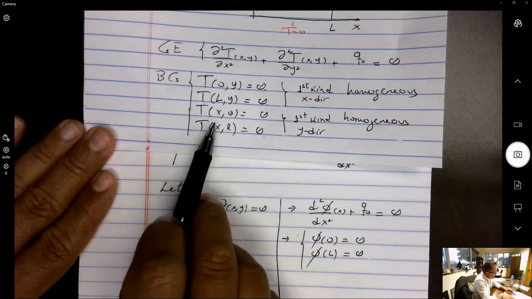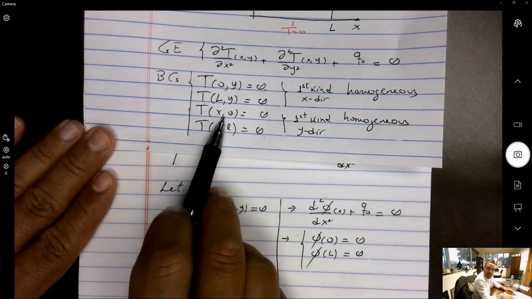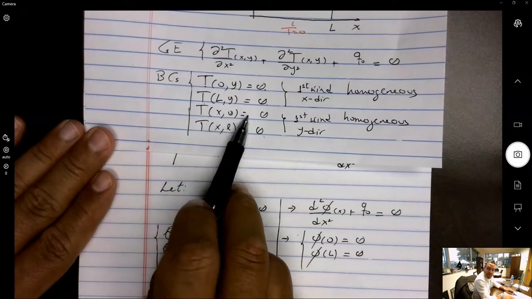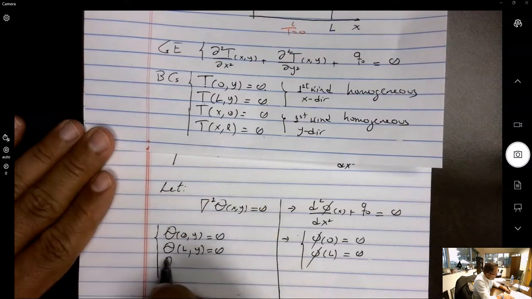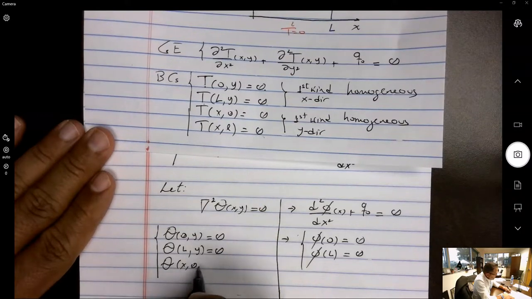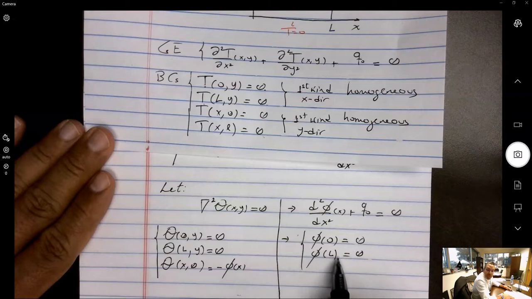What happens with the other two conditions? Theta at x, comma 0 plus phi at x should be equal to 0. So that means that theta at x, comma 0 is equal to minus phi at x. There's nothing that we can say for phi at y equals 0 because phi is not a function of y.